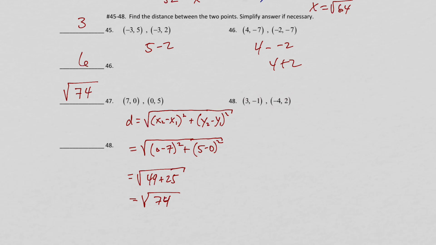So here we're going to do the same thing. The distance is equal to the square root of x2 minus x1, negative 4 minus 3 squared, plus y2 minus y1, 2 minus a negative 1.